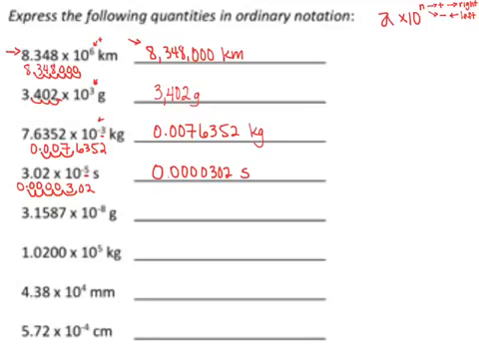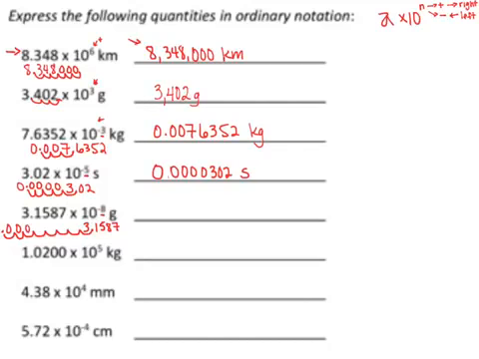All right, next one, an even smaller number, -8. So I'm going to give myself some more room. So I have 3.1587. And this time my decimal point is going to be moving 8 places to the left. 1, 2, 3, 4, 5, 6, 7, 8.